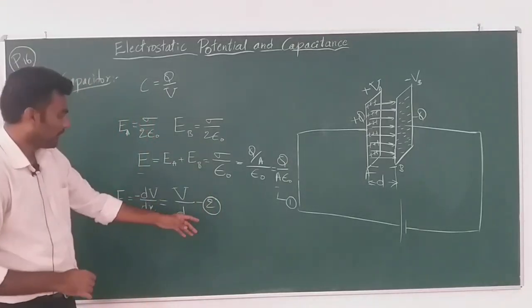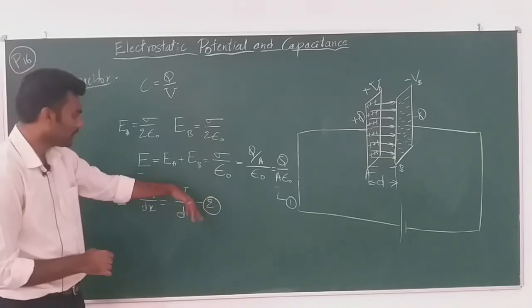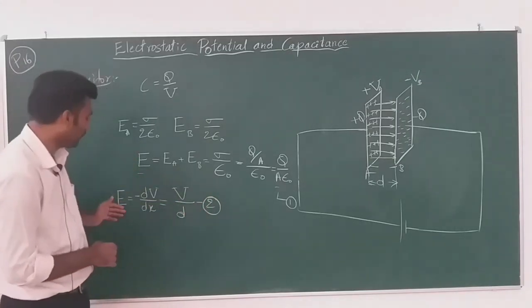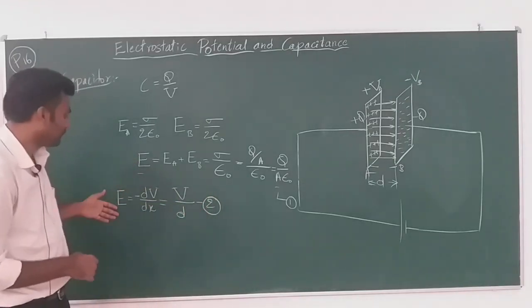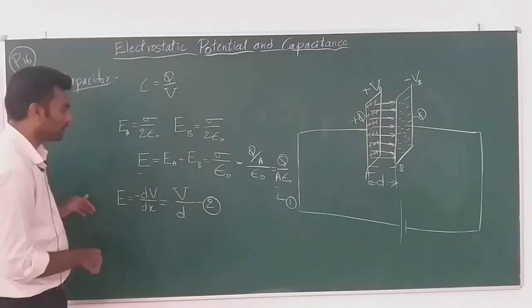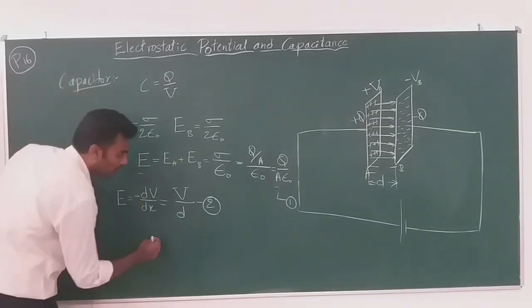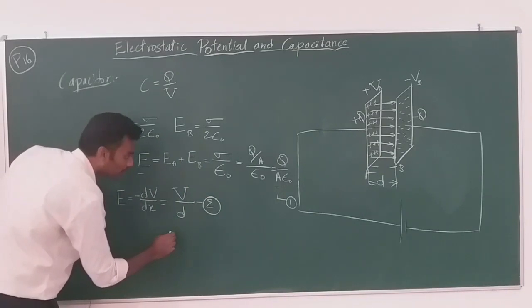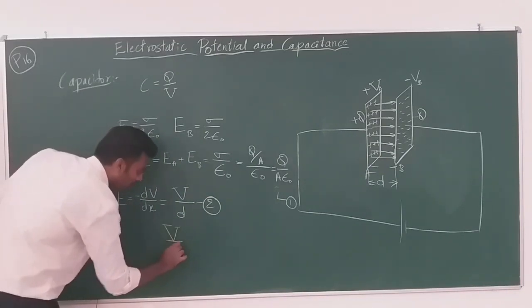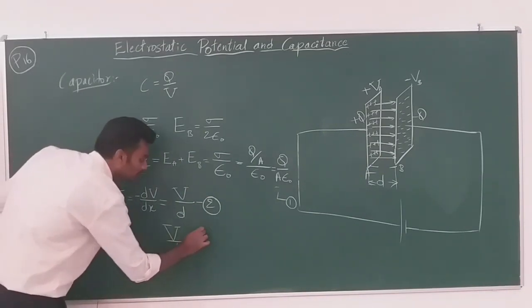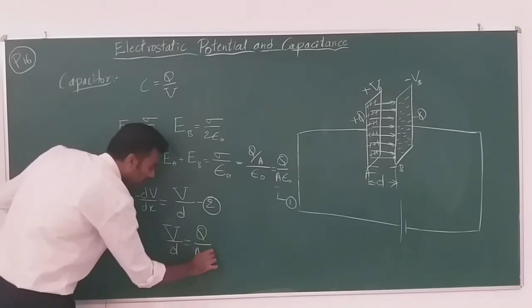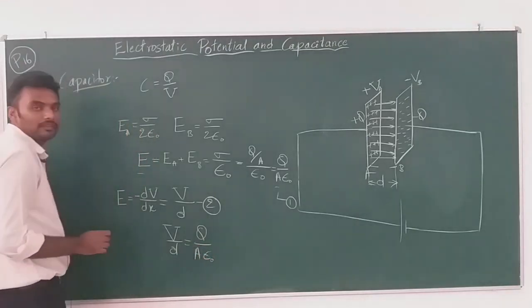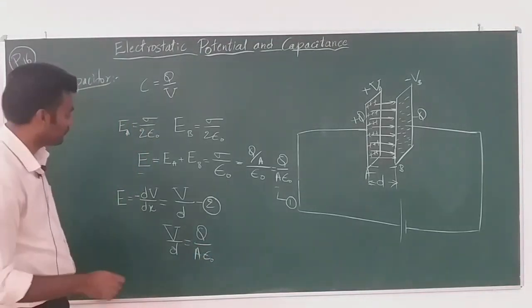Now, look at them, equation 1 and equation 2, they look similar. We have the electric field E the same on the LHS, so equate the RHS part. So you have V by d is equal to Q by A epsilon naught. We are very close.